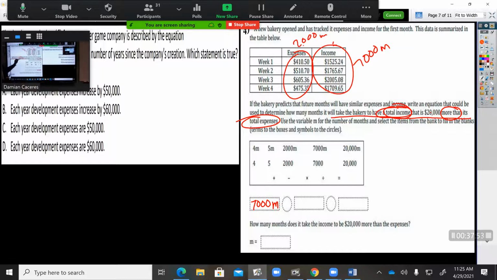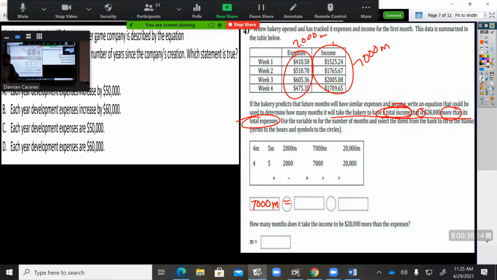So what they're saying is that the total income is. What does is mean in math? Equals.